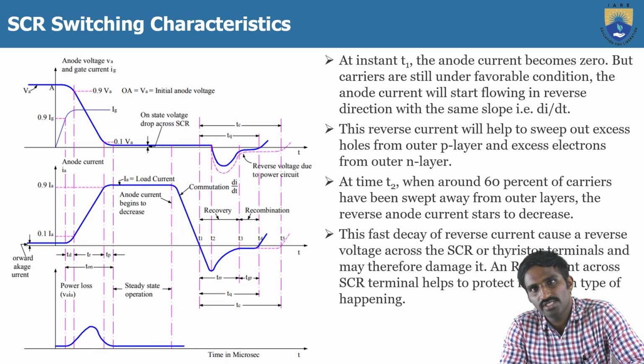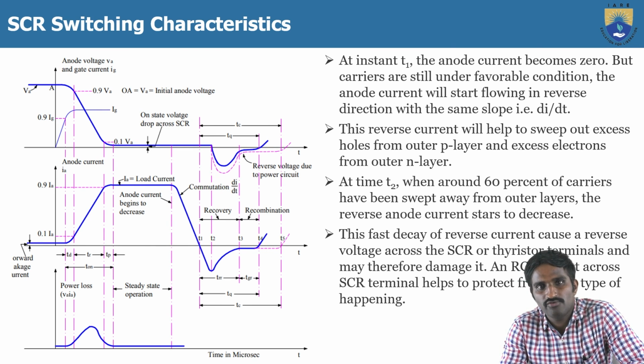Again, during the turn off characteristics, there are two different types of times. One is the device turn off time, another is the circuit turn off time. To turn off the thyristor, we use some extra circuit, because the thyristor is a semi-controlled device, not a fully controlled device.